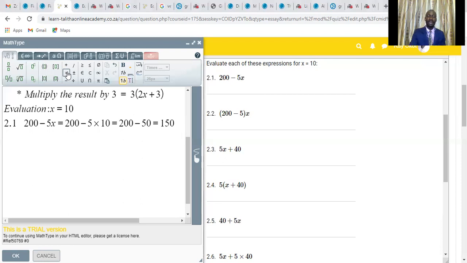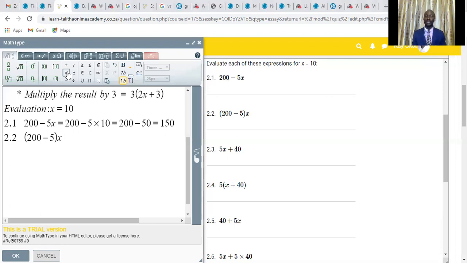Now, in the second question, we have been given that 200 minus 5x is outside the bracket this time. Question 2.2. Notice that if for some reason you are supposed to deal with a quantity which is inside the bracket, then it is safer to first deal with what is inside the bracket before you expand everything.